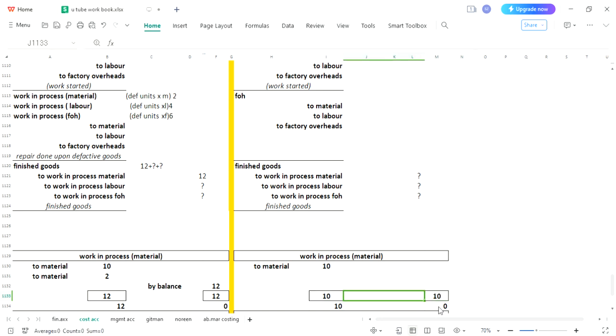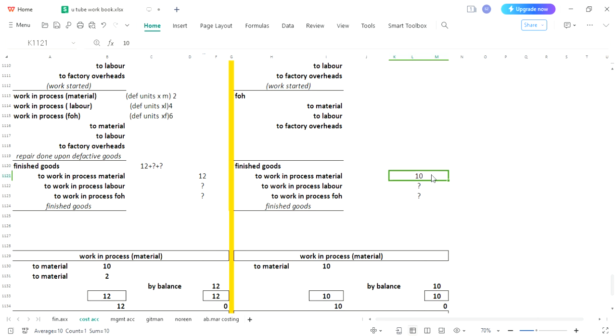After which you will choose the smaller side. Credit side is smaller; there you will calculate the balance. How will you calculate this balance? By subtracting the smaller sum from the larger sum. Larger sum here is 10, you will subtract the smaller sum, which is 0, and you get the balance, which is 10. So you can directly put amount 10 over here.